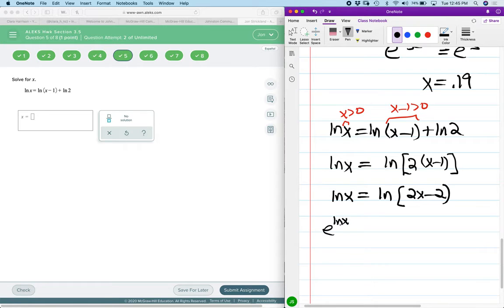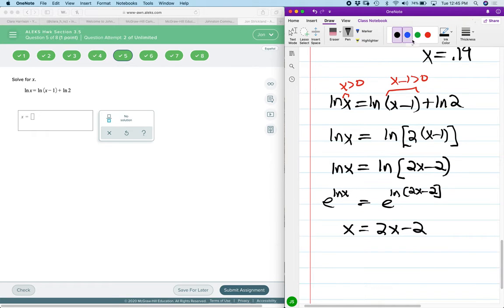But we can also just free up our expressions by applying the exponential base e. Each e to the natural logarithm of x goes to x, and e to the ln of the quantity 2x minus 2 goes to 2x minus 2.